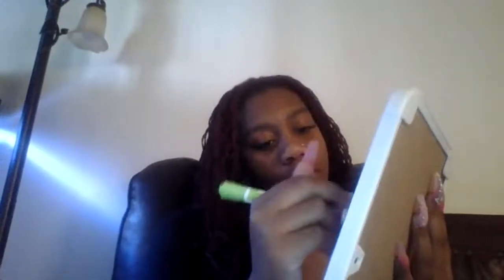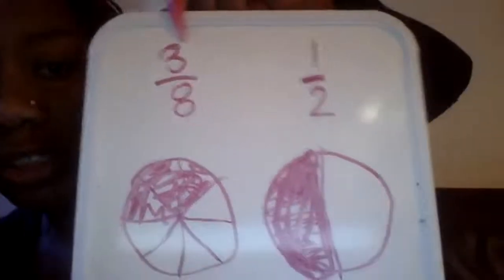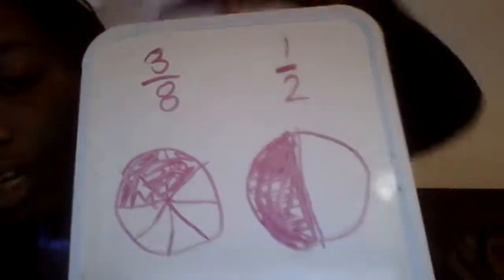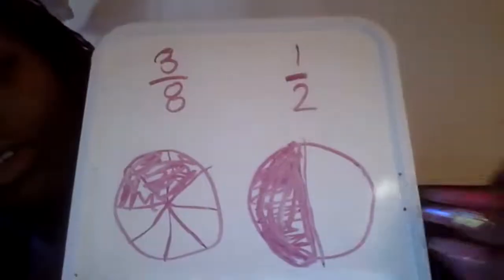Now I'm going to color. I'm going to shade in what the numerator tells me to. Now look at these. These numbers are larger. But when you look at the model, let's imagine this as a pizza.